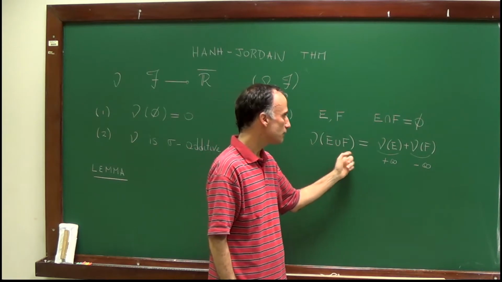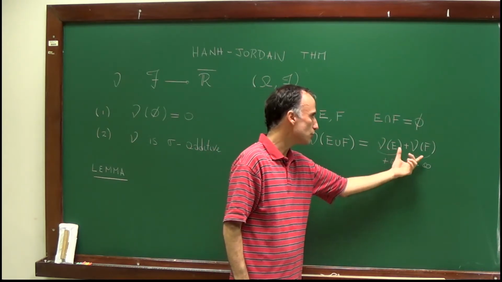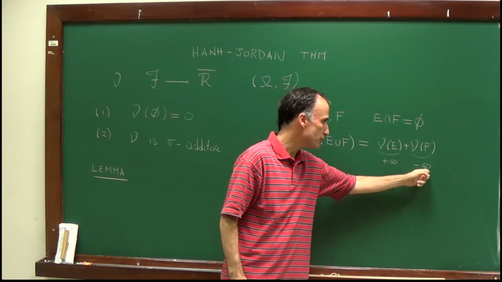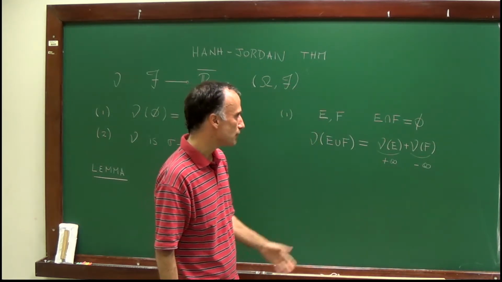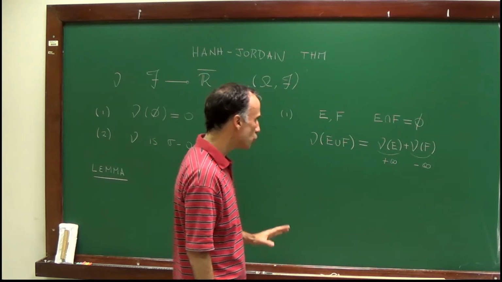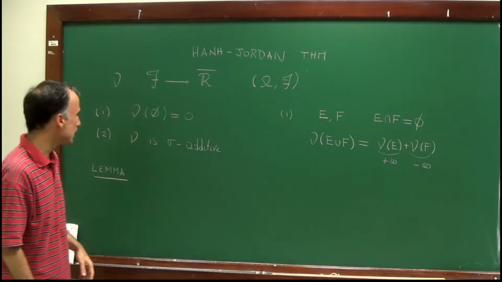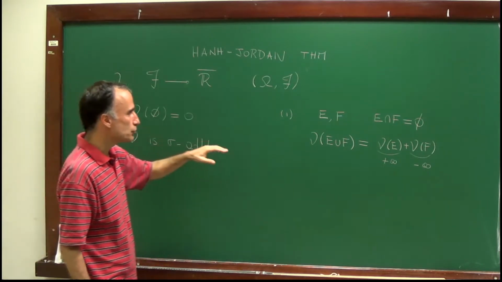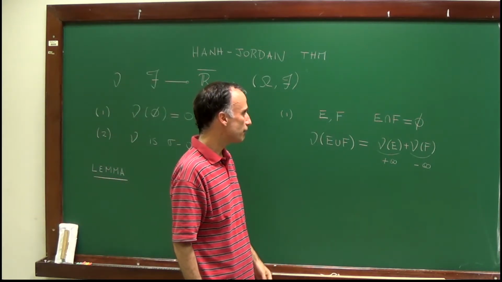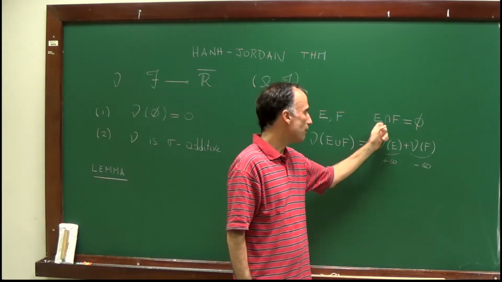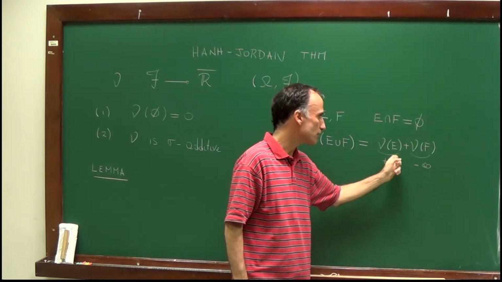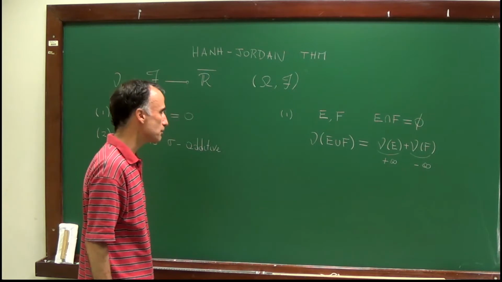Because by additivity that would be equal to the sum of these two quantities, and if one of them is plus infinity and the other is minus infinity, this sum doesn't make sense. So it's implicit in these properties that there do not exist two sets E and F whose intersection is empty and whose values are plus and minus infinity.